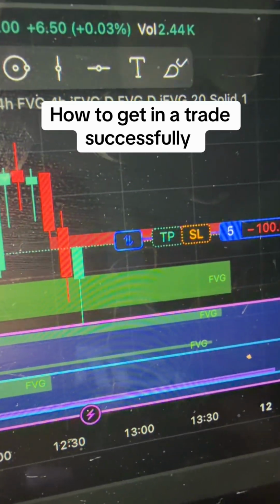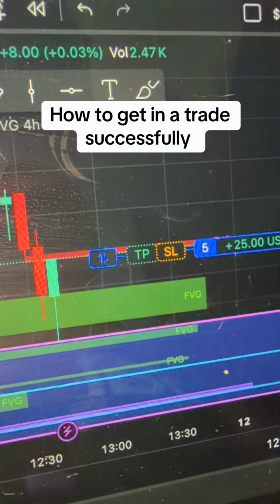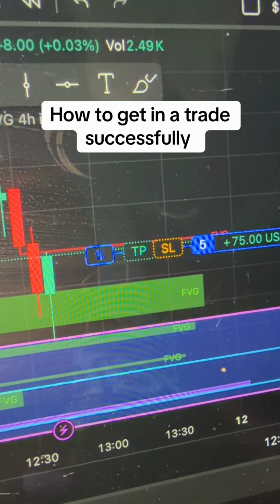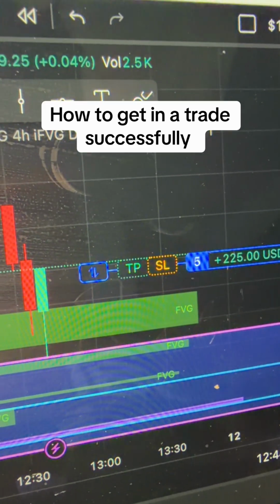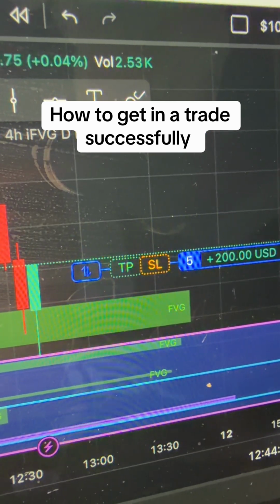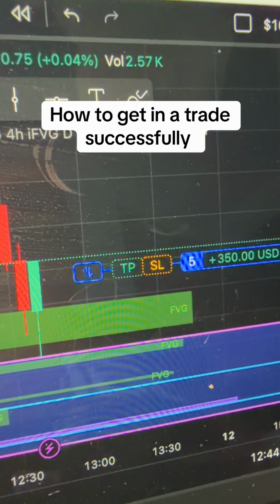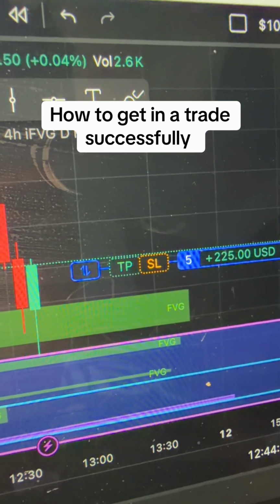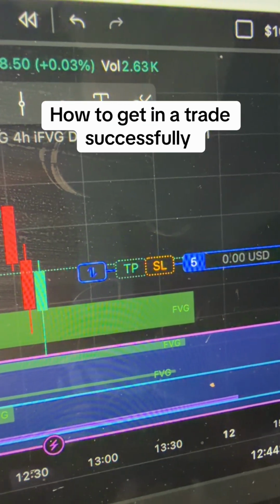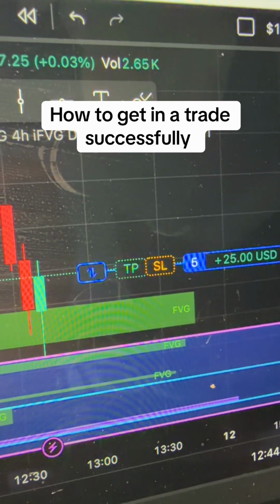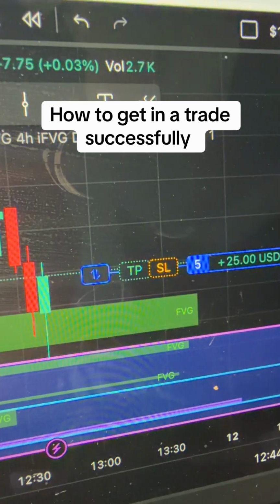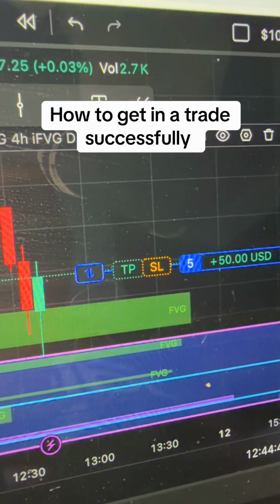Let's take it and just see what happens. So that's what it is when you are doing supply and demand. That's how you enter into a trade. That's how you enter.